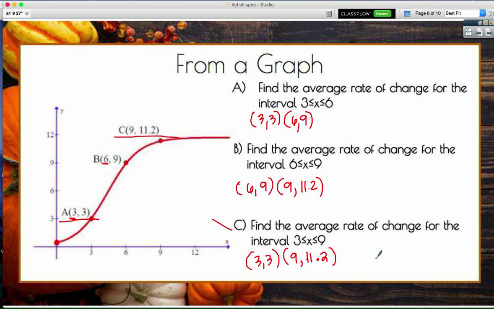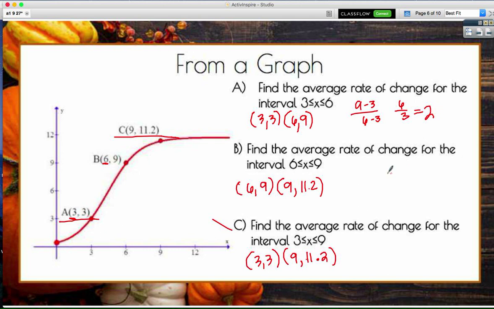Got all three? All right, Captain, what'd you get for the first one? 2. Okay, so you had 9 minus 3 over 6 minus 3, which gave you 6 over 3, which is 2. Correct. All right.